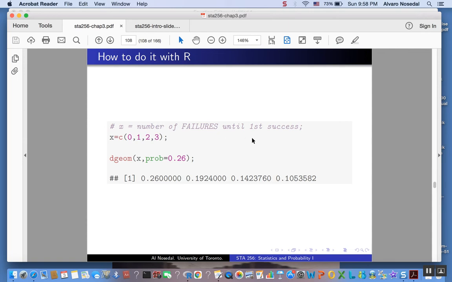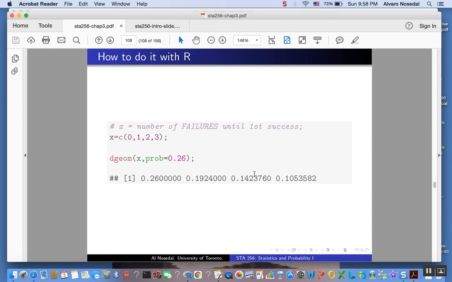So for instance, in our case, if you needed one trial to get your first success, that means that you had 0 failures to get your first success. If you needed one failure to get your first success, that means that you needed 2 trials. Make sense? So just be careful.